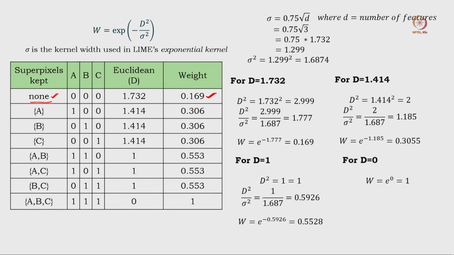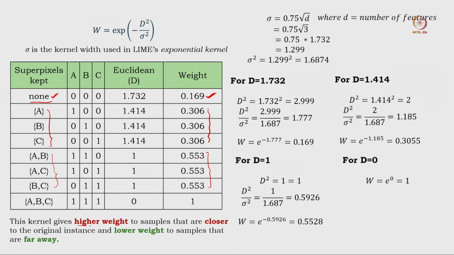Now, if you look at these, only a small portion of the image is kept, the rest of it is masked. So, smaller weights are assigned. If you look at some more information being added, AB, AC, BC, accordingly, based on how close these are to your original image, it is going to assign the weights.